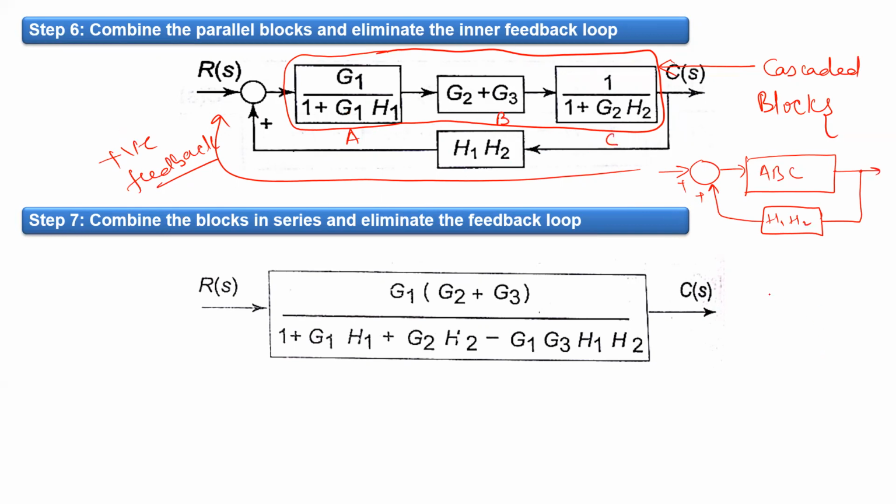So it is A, B, C. When we simplify this one using the feedback concept, it would be replaced with a single block containing ABC, the gain of the forward path, divided by 1 minus H1H2ABC. So this is the answer to that particular block diagram.